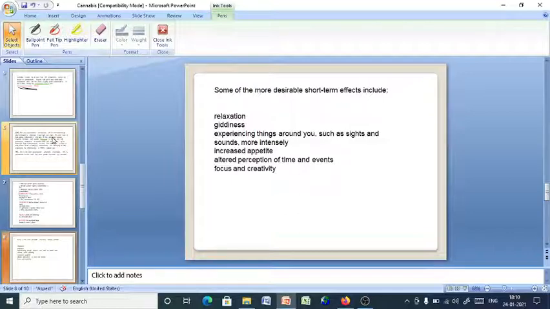The short-term effects are not so much pronounced, but they provide a sense of relaxation, giddiness, experiencing things around you such as sights and sounds more intensely, increased appetite, altered perception of time and events, focus, and creativity.